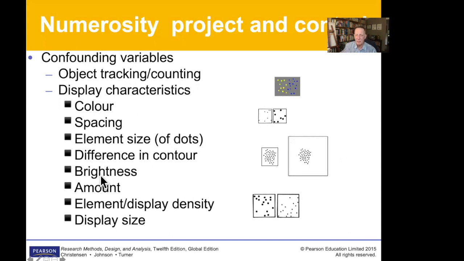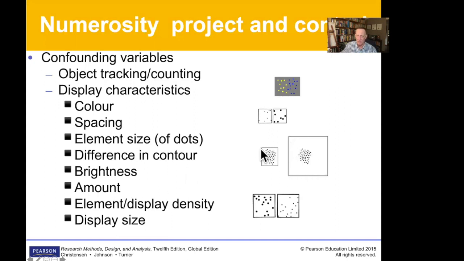So if you get larger dots, you get longer contours and so on. Brightness. As you can see over here, the yellow dots are brighter than the blue ones. But also, for instance, in this display over here, the densely packed dots in a small space are less intense or bright than, for instance, this one, because there's lots of white space around there.